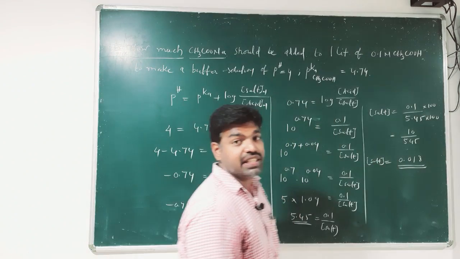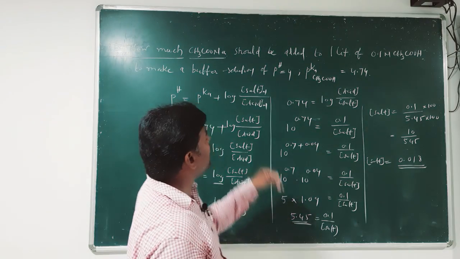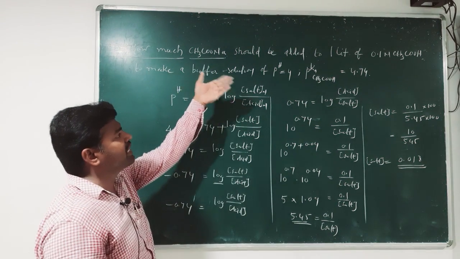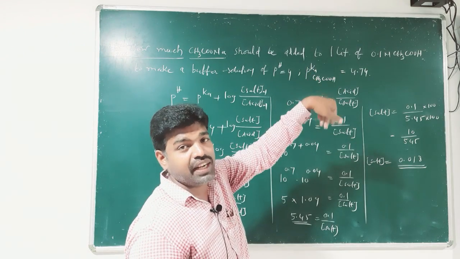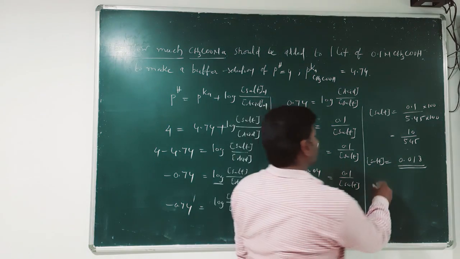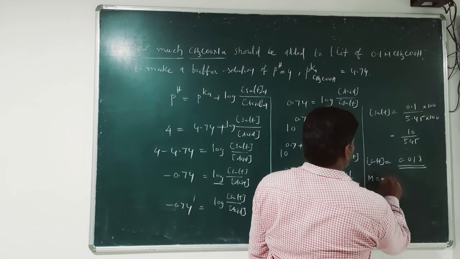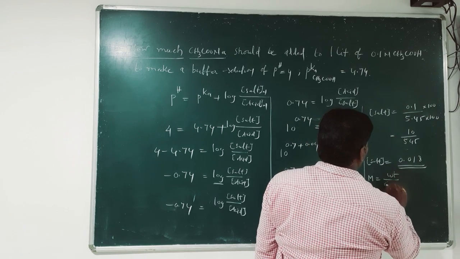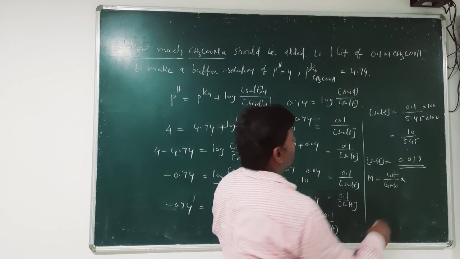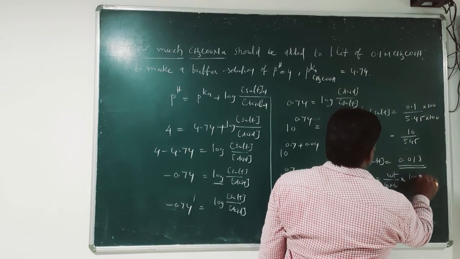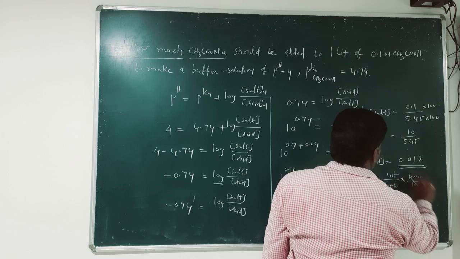Concentration is nothing but molarity, because for acetic acid and its salt, molarity is equal to normality. We know the formula: molarity is equal to weight by gram molecular weight into 1000 by volume; it is a 1 liter solution, which gives 1.